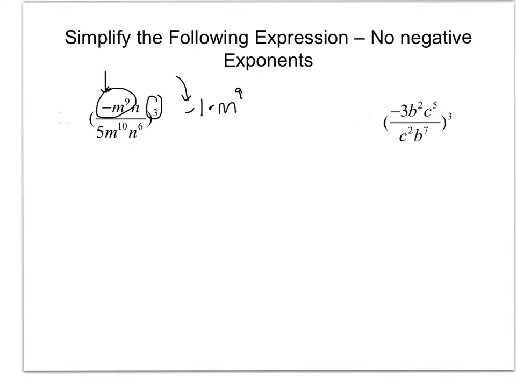So what I like to do is look at the whole problem first and recognize that that negative's not going to go away. So the first thing I do is take that negative and put it out in front.